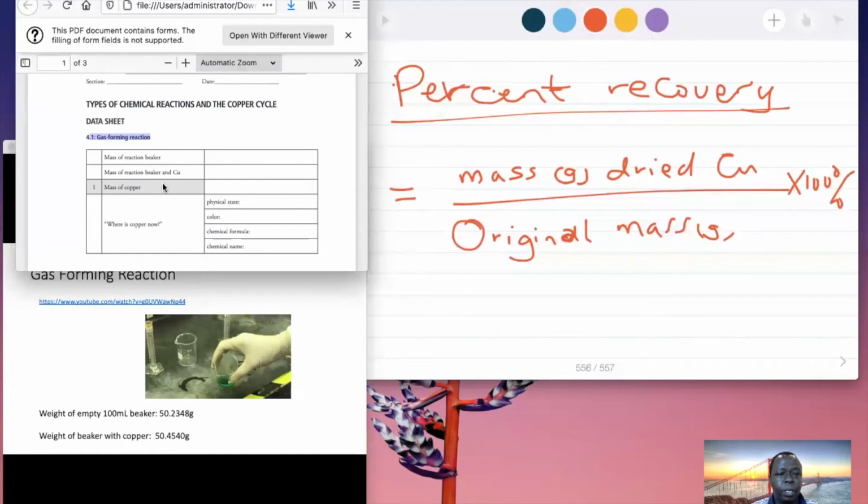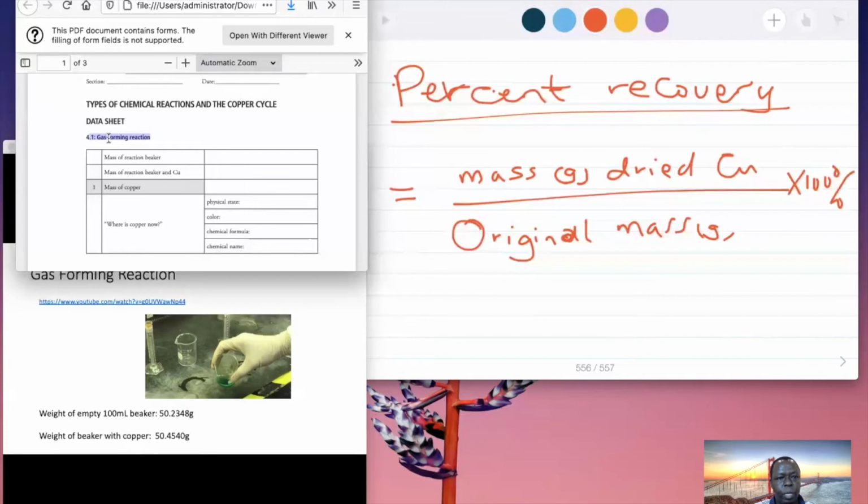And please take note of the physical state. When I say physical state, it is not referring to what you weigh after the reaction. You need to read the procedure for the copper forming reaction in the data sheet for 4.1. That is after the reaction.